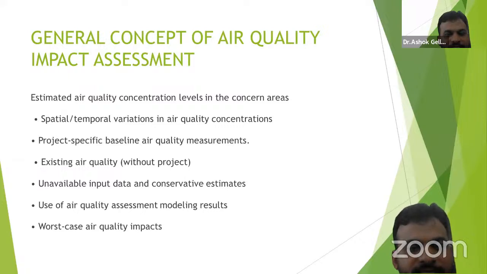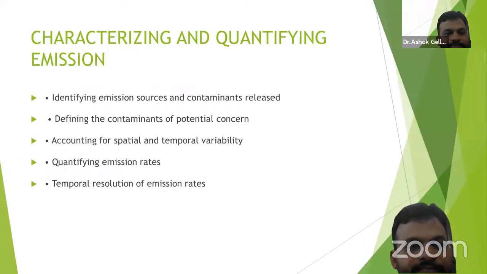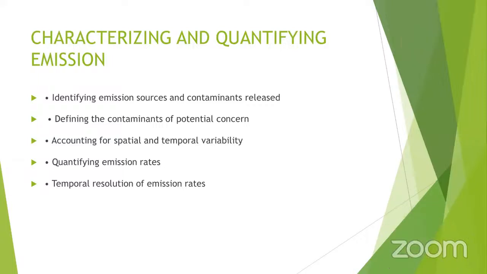The general concept of air quality impact assessment is characterizing and quantifying the emissions: identifying the emission sources and contaminants that are released into the environment, defining the different contaminants of potential impact on the environment, and quantifying the emission rates and temporal resolutions of the emission rates.